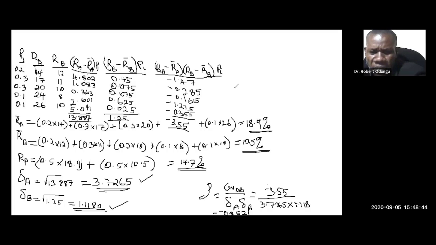To arrive at negative 0.8, you must have done the calculations up there well. Otherwise, you will get a wrong correlation coefficient, and a wrong decision, which could be misleading. So let's determine the risk of the portfolio.